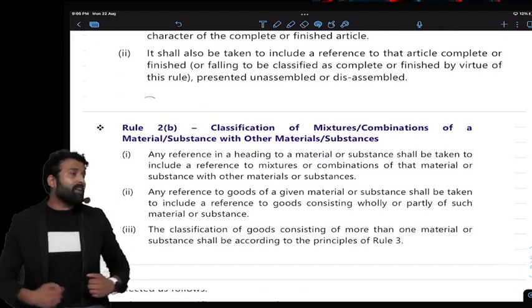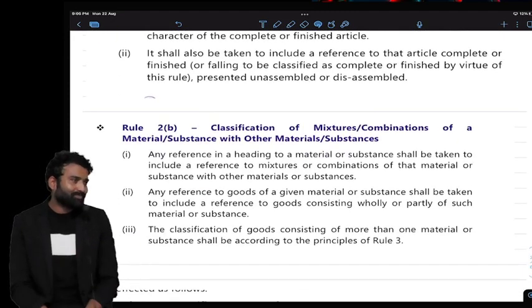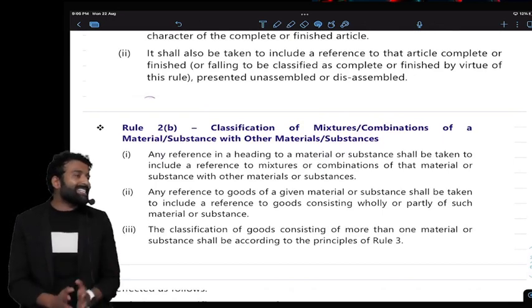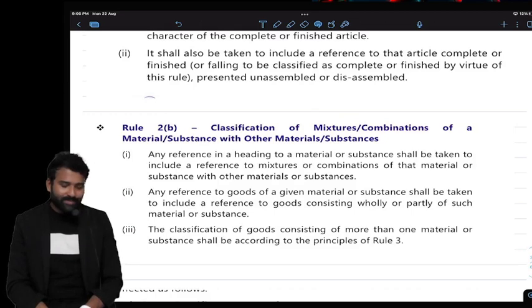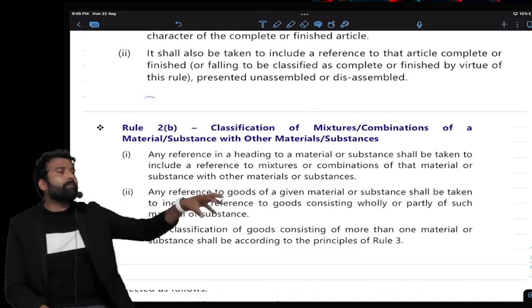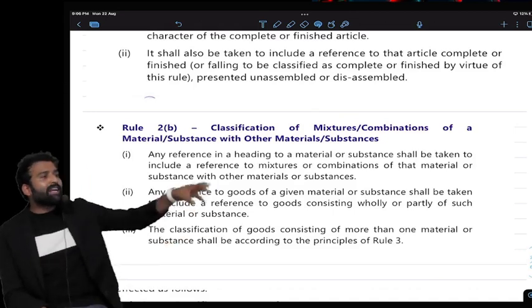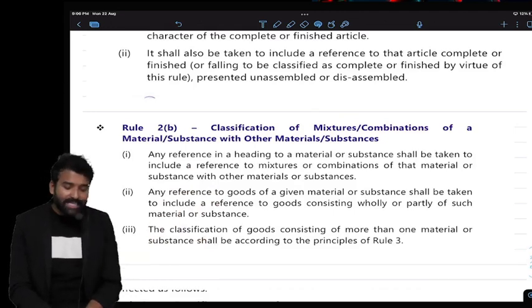अगेन, इफ़ आई एम इम्पोर्टिंग ए मिक्सचर, अगर मैं कोई ऐसी चीज़ इम्पोर्ट कर रहा हूँ जिसमें 2 केमिकल शामिल हैं, मैं 2 केमिकल का मिक्सचर इंपोर्ट कर रहा हूँ, तो सर उसे कौन सा केमिकल माना जाएगा?